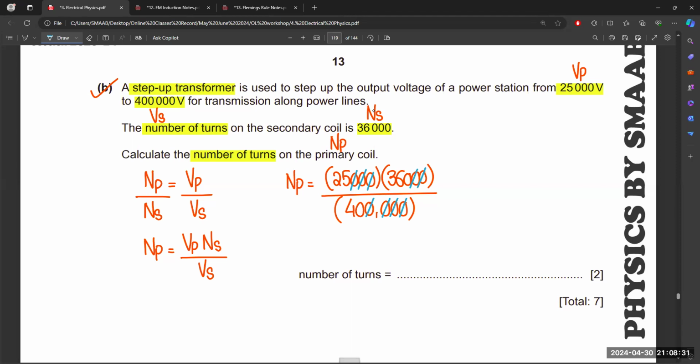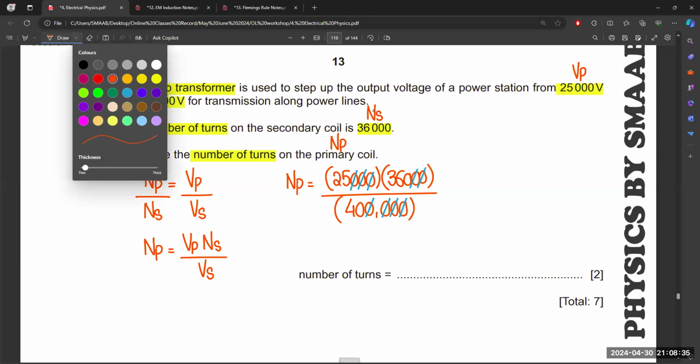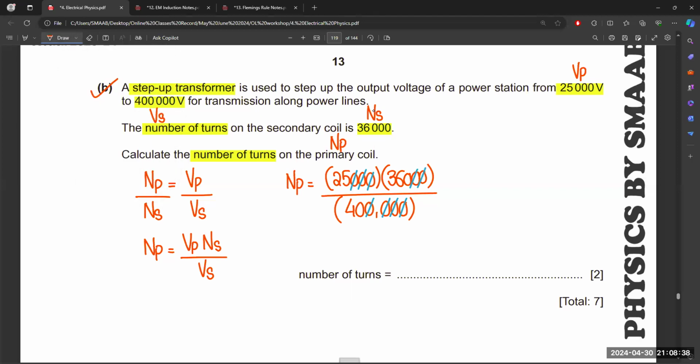So 25 into 360 divided by 40 is equal to 2,300 turns in the primary coil.